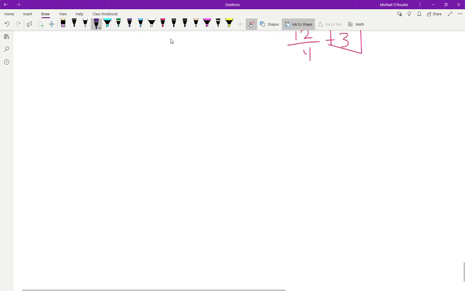Okay? The other one we can do is probably easier if I copy this instead of trying to rewrite it every time. The other one we can do is this one. We can talk about angles.